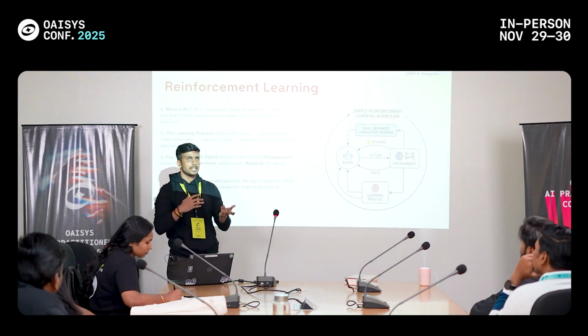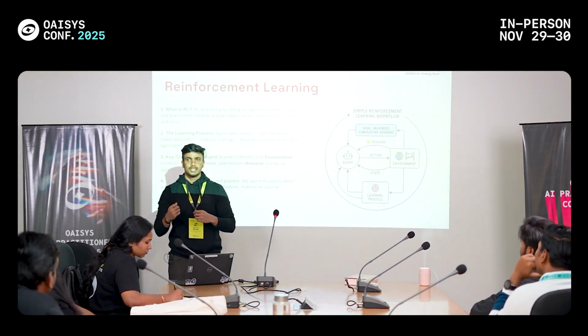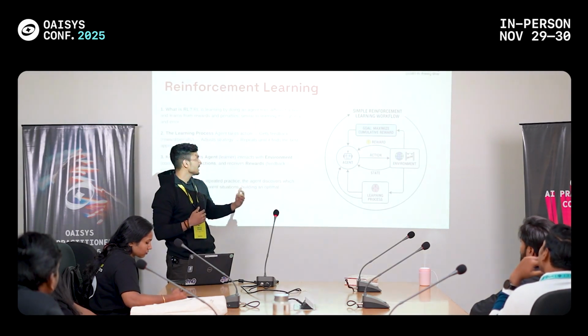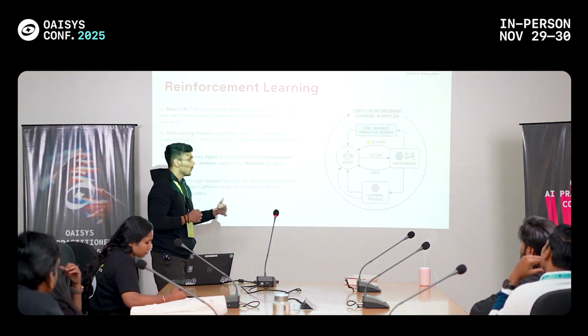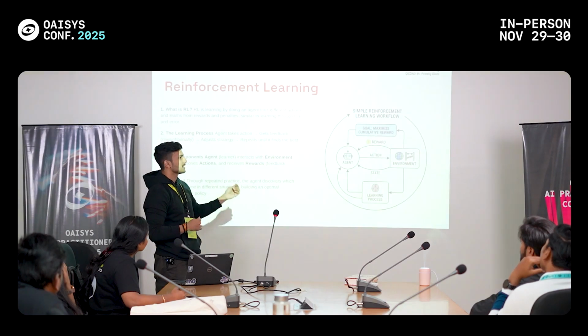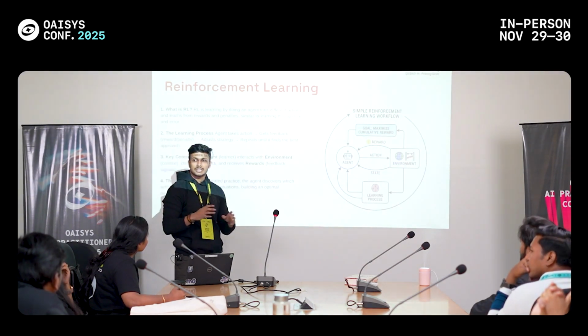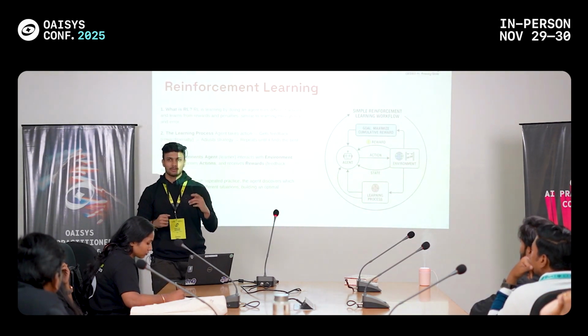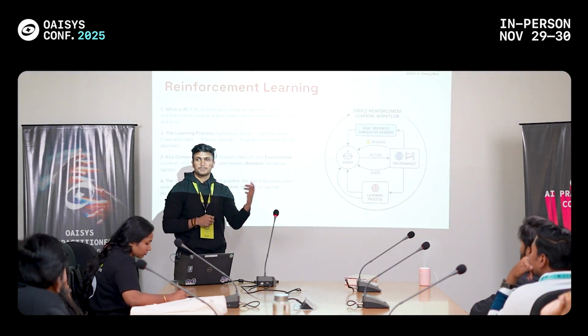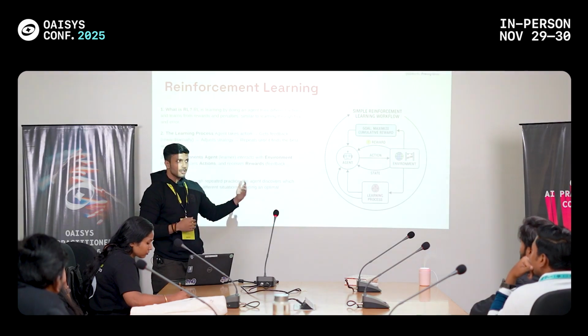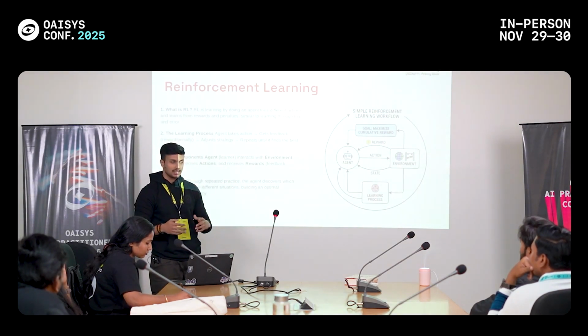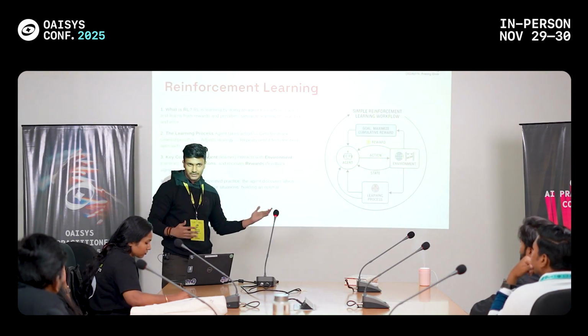It will try something else and get a penalty. That's how an agent learns over time. So reinforcement learning is nothing but an agent learning through feedback. You must have seen that ChatGPT sometimes asks which response you prefer. It is actually using reinforcement learning behind it. So that's it for reinforcement learning.